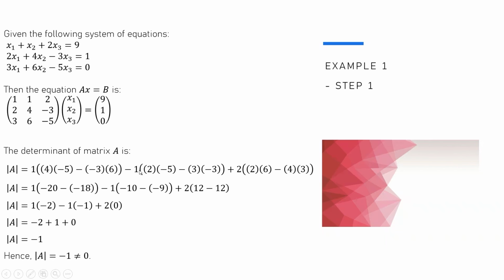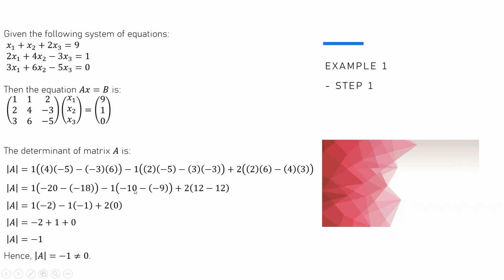Then for the second part, we will have negative 1 times 2 times negative 5 minus 3 times negative 3. Then for the last one, we have 2 times 2 times 6 minus 3 times 4. And then we get this result, which is 1 times negative 20 minus negative 18, which gives us negative 2.